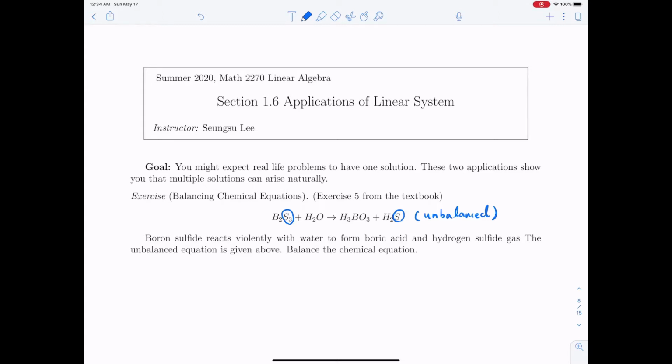So we need to find the right coefficients x1, x2, x3, and x4 to make the number of atoms the same on both sides. This is because atoms can never be destroyed nor created.